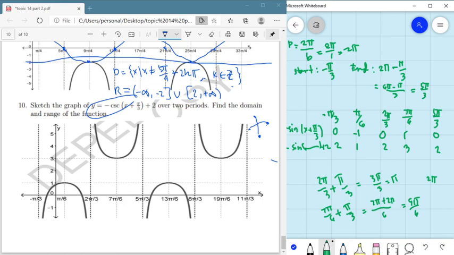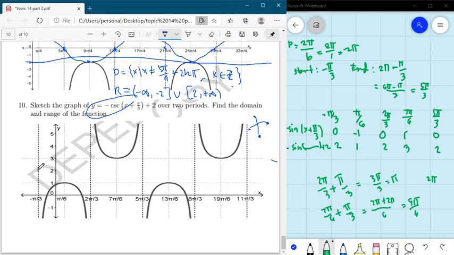Okay, let's look at it. At negative pi over 3, we have 2. Then, at pi over 6, positive 1. Then, 0 into pi over 3, 2.